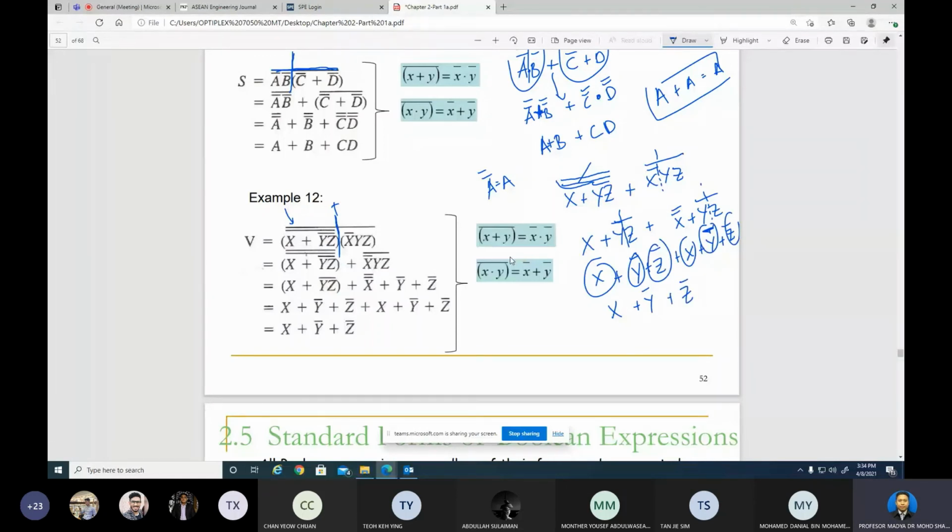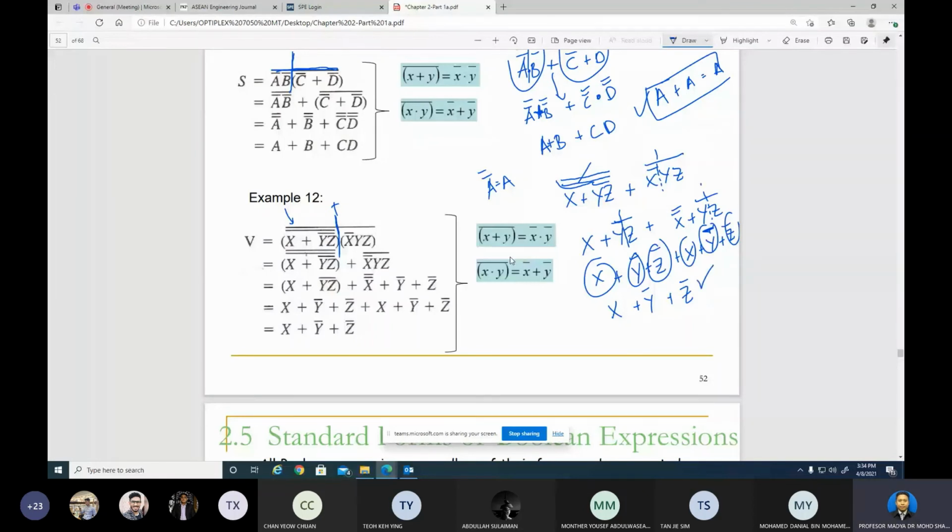You have to remember the rule here: a plus a equals a. Similarly, x plus x equals x, or y bar plus y bar equals y bar, z bar plus z bar equals z bar, only one here. So that's the last answer for the De Morgan.